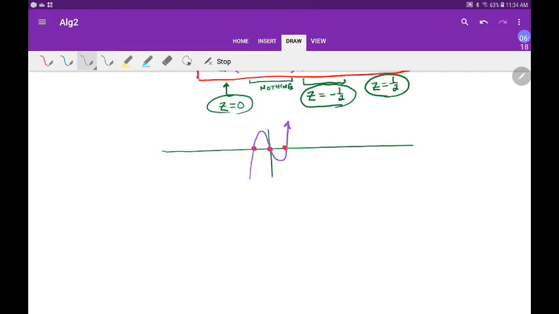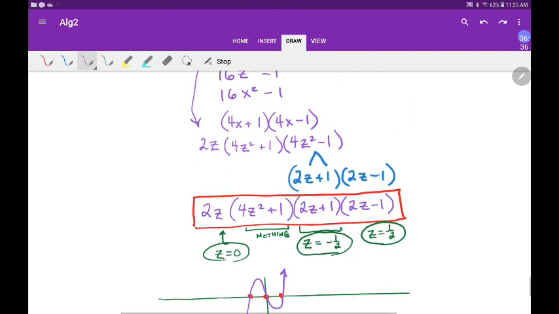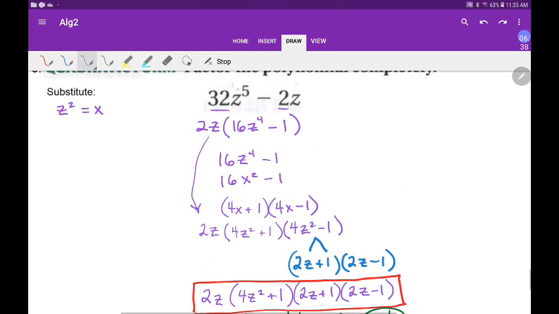I know its basic behavior, that it's coming from nothing down here, and it's going to something, up on top here. I don't know how high exactly. I don't know how low it goes with the wiggle in between, but I know some things about this. Now, of course, it didn't ask for all that. It just asked me to factor it. But when we factor it, all these things are implied.